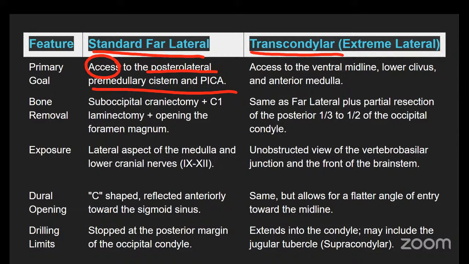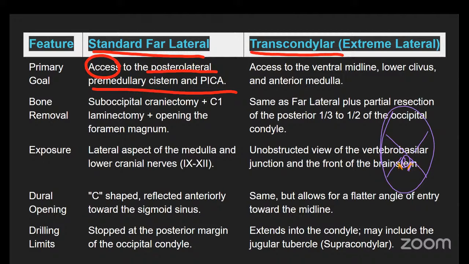So I'm going to draw a very rough version. Okay, this here is the foramen magnum, right? This portion here, let me change my color, this orange portion here is the condyle.